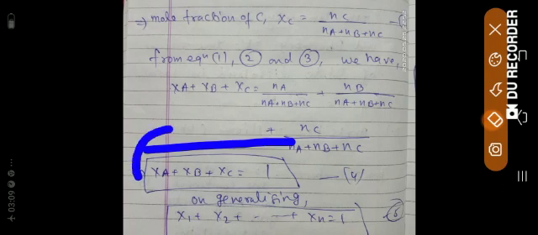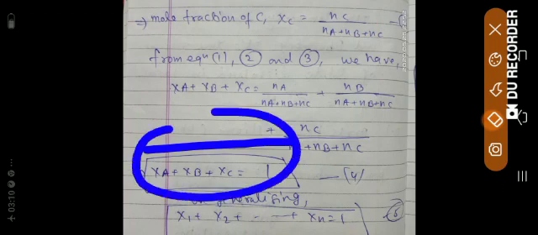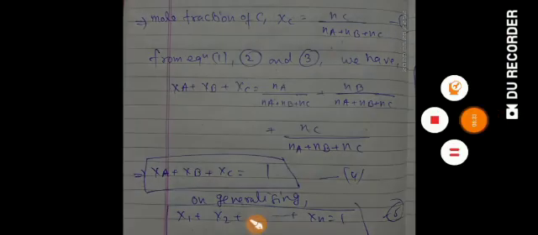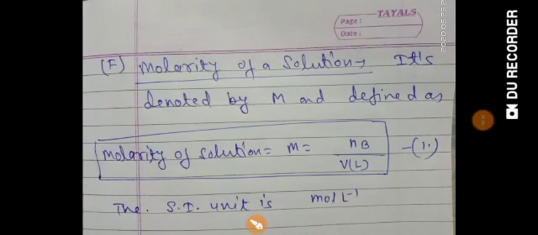There are 3 components here; if I take more than 3 components, then you can generalize: x1 plus x2 up to xn equals 1. So these are very important formulas which will come in the examination and also from the numerical point of view. Okay, students, so come to the next portion.